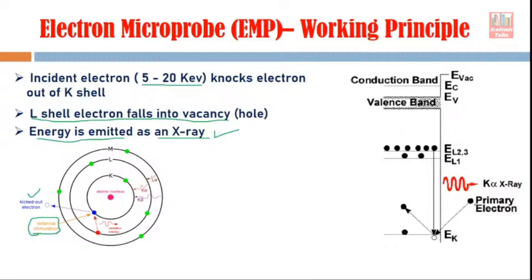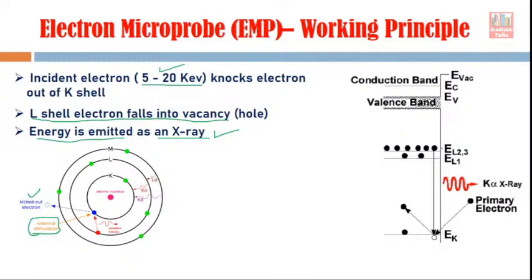A primary electron whose energy lies in the range 5 to 20 kilo electron volt, when it hits an electron which is present in the K orbit, will knock that electron out of its position, and that way we get a vacancy here. This vacancy will be filled by another electron at a higher level.